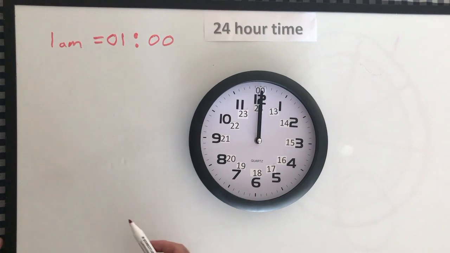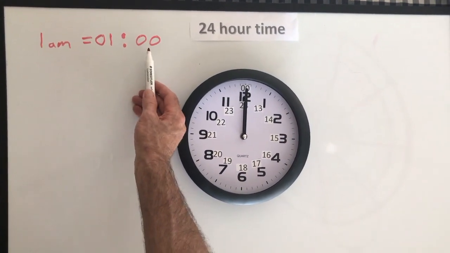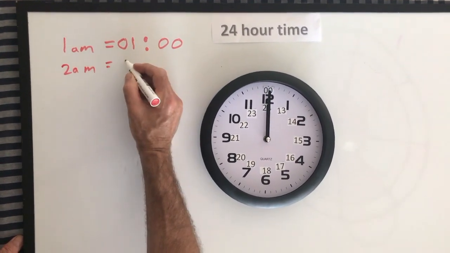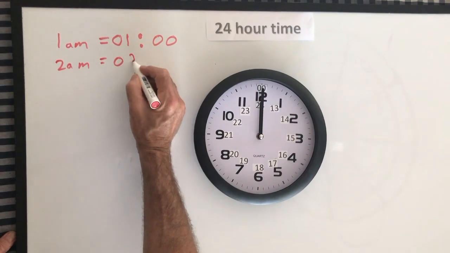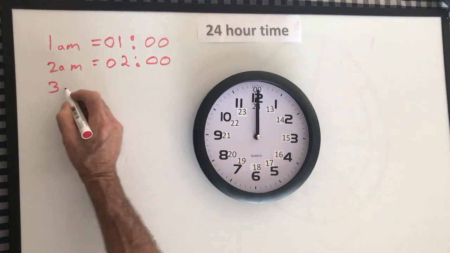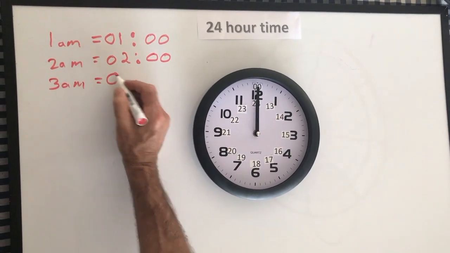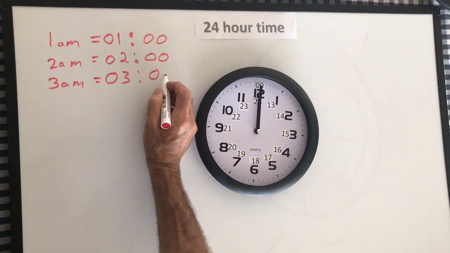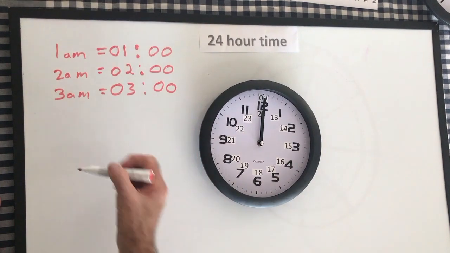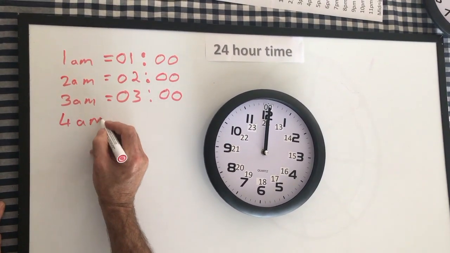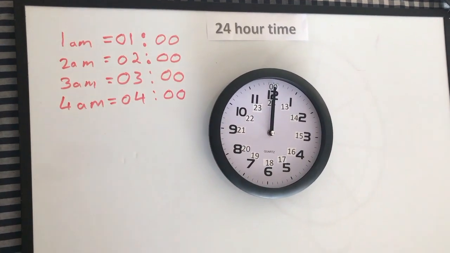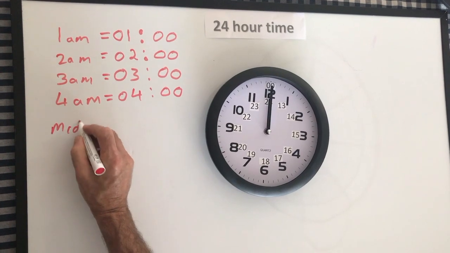The military would say this is 100 hours. 2 AM would be 2 hours and no minutes. 3 AM would be 3 hours and no minutes, or as the military will call it, 300 hours. 4 AM, only 4 hours and no minutes. And so it will continue until midday.